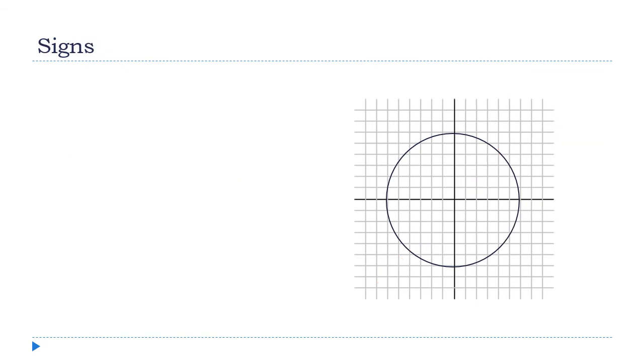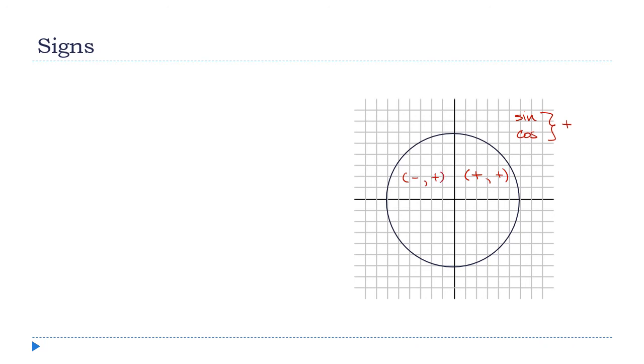So let's see if we can summarize this. Right? In the first quadrant, the x coordinates are positive and the y coordinates are positive. That means that both the sine and cosine are going to be positive. Now over here in the second quadrant, the x coordinates are negative and the y coordinates are still positive.